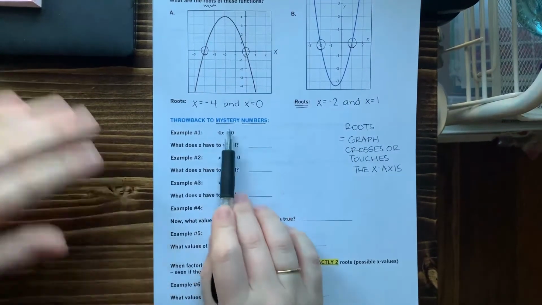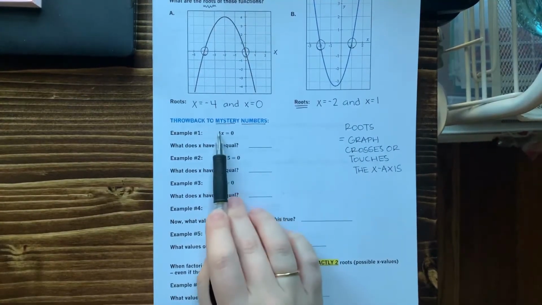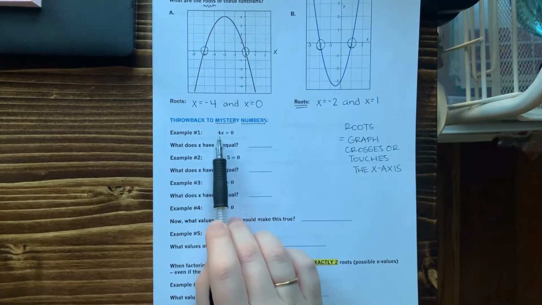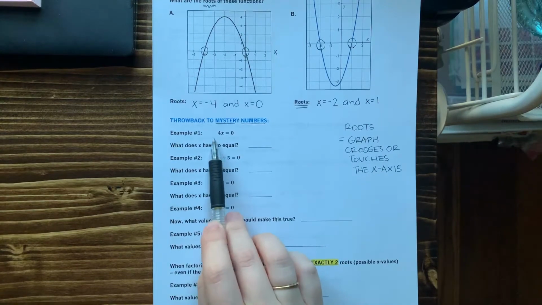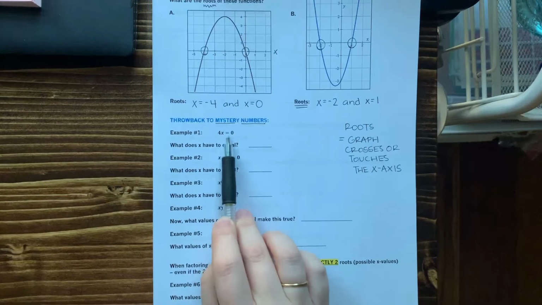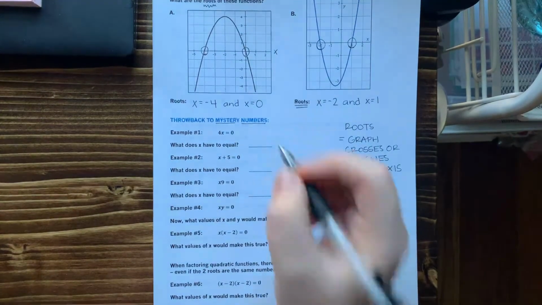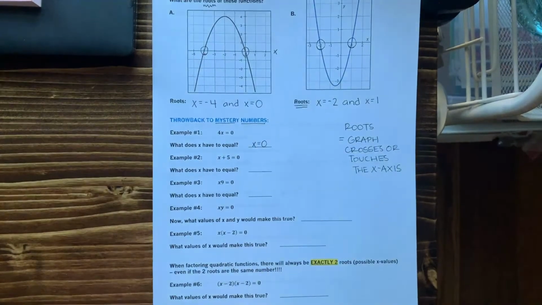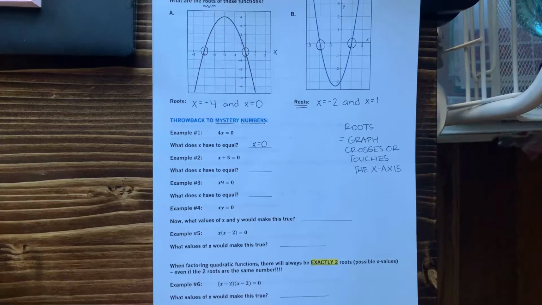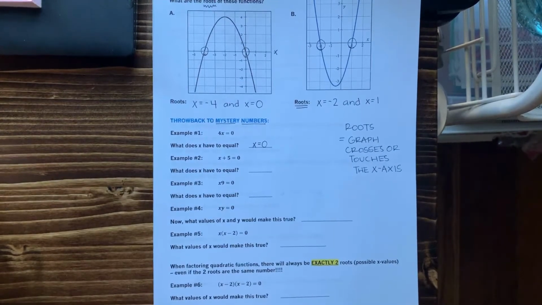That's what this equation represents: 4x = 0, 4 times some number equals 0. So what does x have to equal in order for this to be true? What is that mystery number? You might be saying in your head, x has to equal 0. There's no other number that I can multiply by 4 so that my end result is 0.